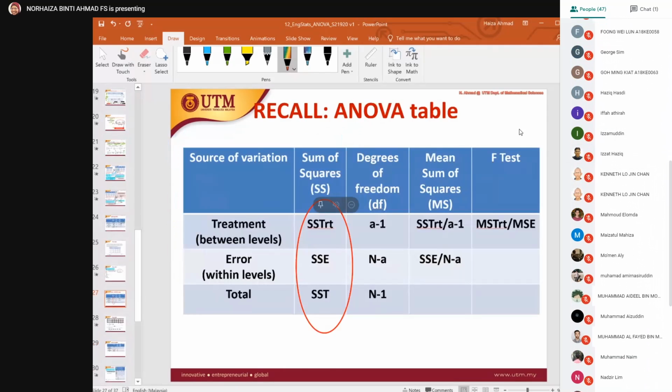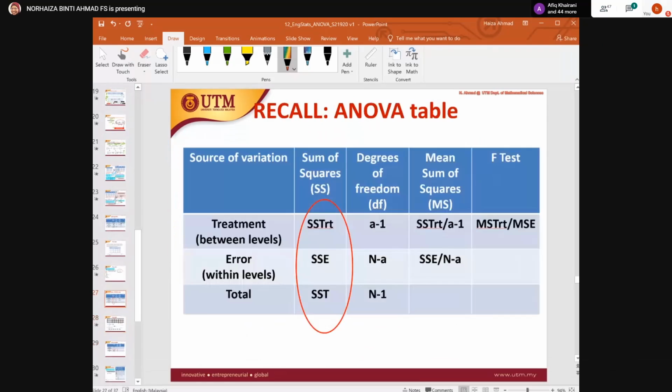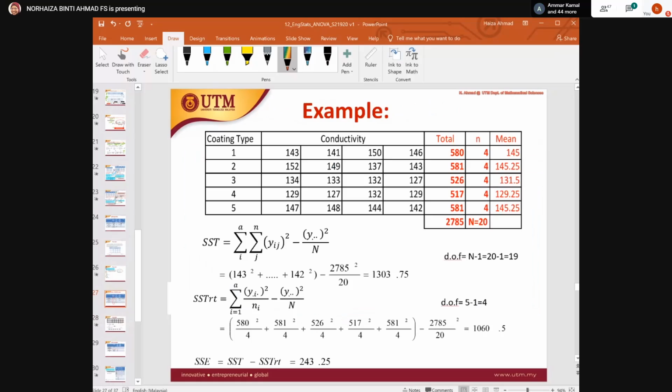Let's calculate the sum of squares first. In an exam, because this is quite a lot of calculation, you need to get yourself organized. I suggest every time you get a question like this, calculate all the totals, and you can easily do it from your calculator, using the mode function, or you can use Excel.